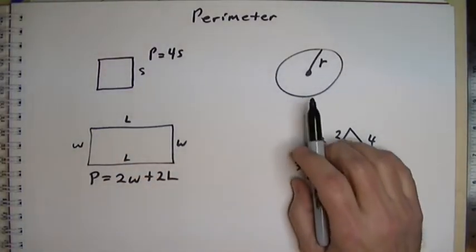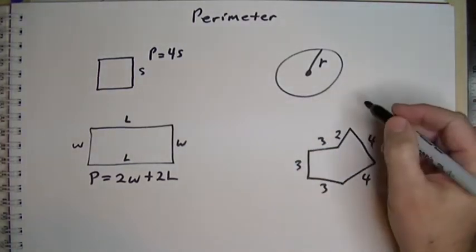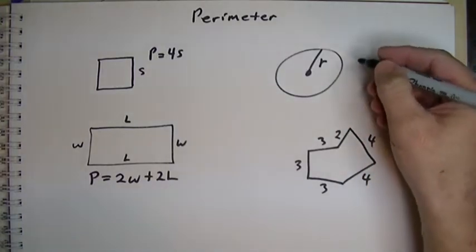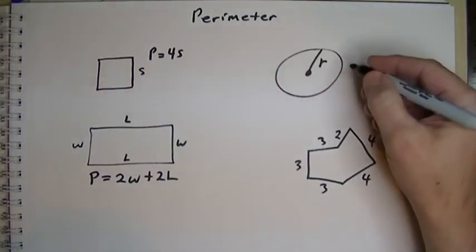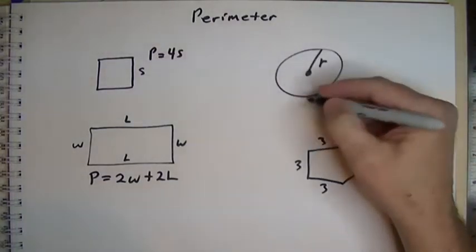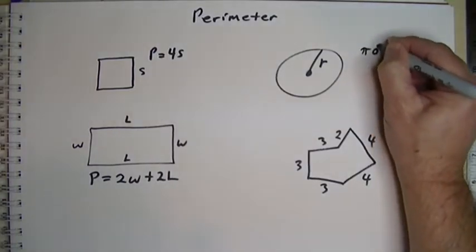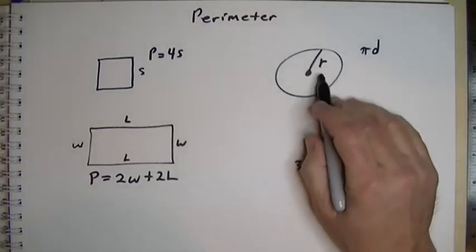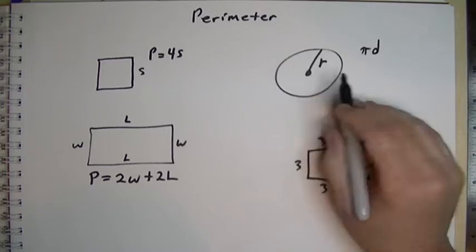Okay, let's talk about circles. They're kind of an exception. Here, the easiest calculation for the perimeter of a circle is pi times the diameter, right? So we would do pi times the diameter, but we don't have the diameter. We're given the radius, but a diameter is just 2 of the radius.